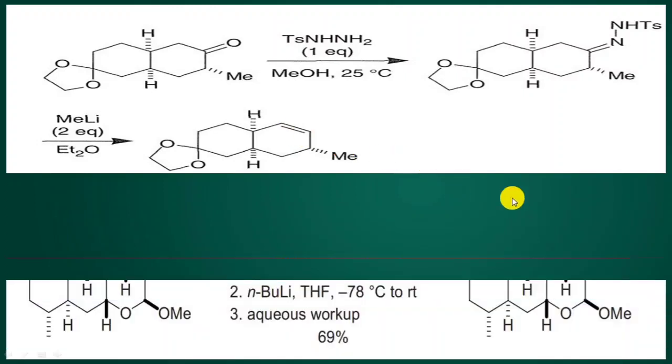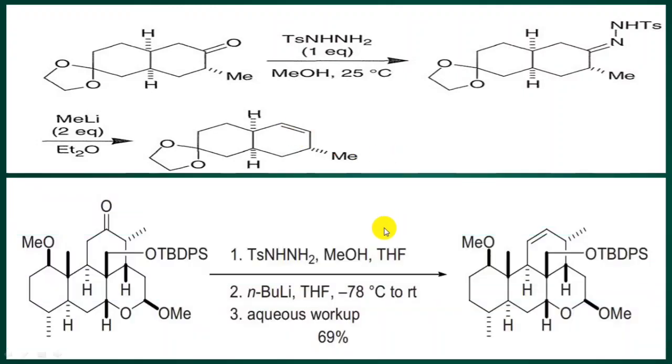Here is another example. Now when we see the molecule, we get scared because there are a lot of groups, and stereocenters are there. But basically the ketone reacts with hydrazine, it forms hydrazone, and with butyl lithium, it forms the double bond at this position because this carbon is sterically less crowded as compared to this carbon.